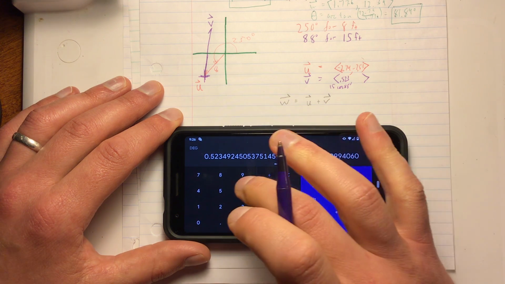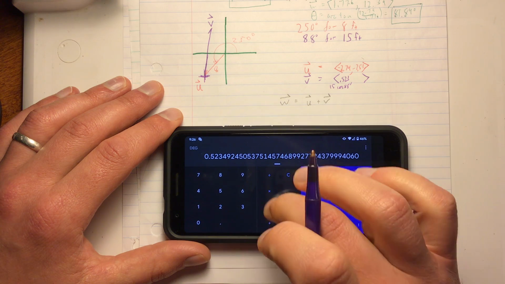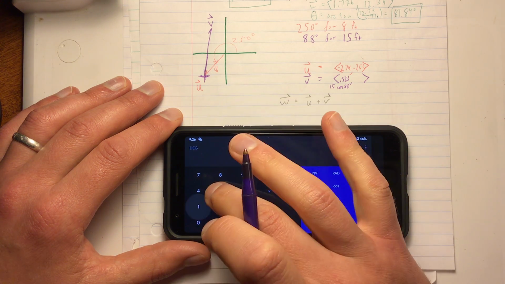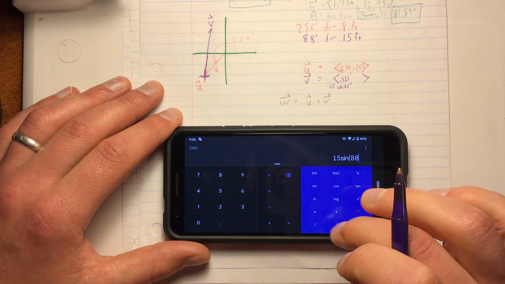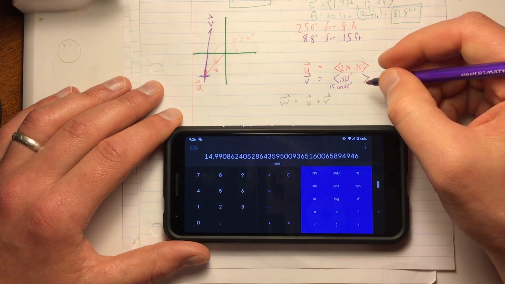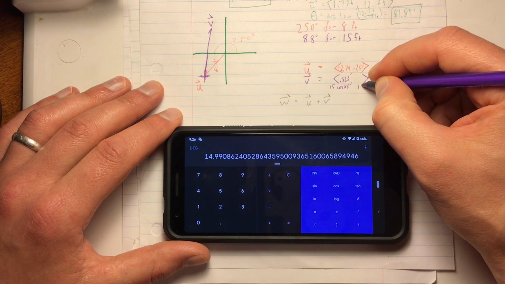And then 15 times the sine of 88, 14.99.